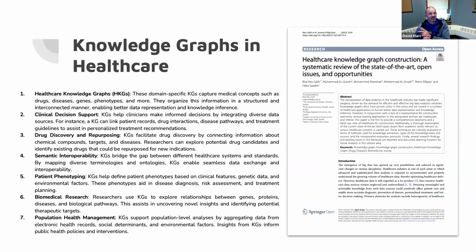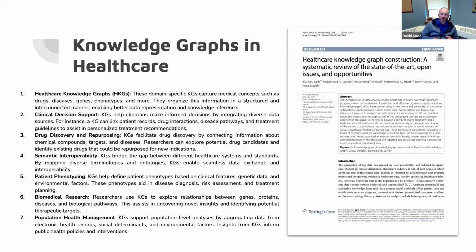You see a lot happening in the healthcare space, where there's more attention on using these knowledge graphs to understand how data is connected within a healthcare entity, like a hospital or a public health organization, or even a lot of that work is happening in genomics and proteomics and patient phenotyping. So here's an example of knowledge graphs in healthcare and the different ways they're being used.